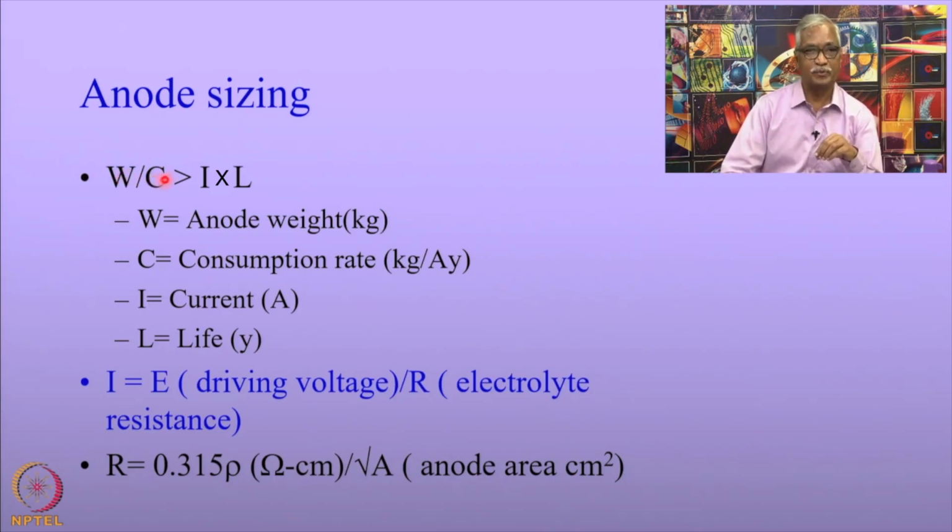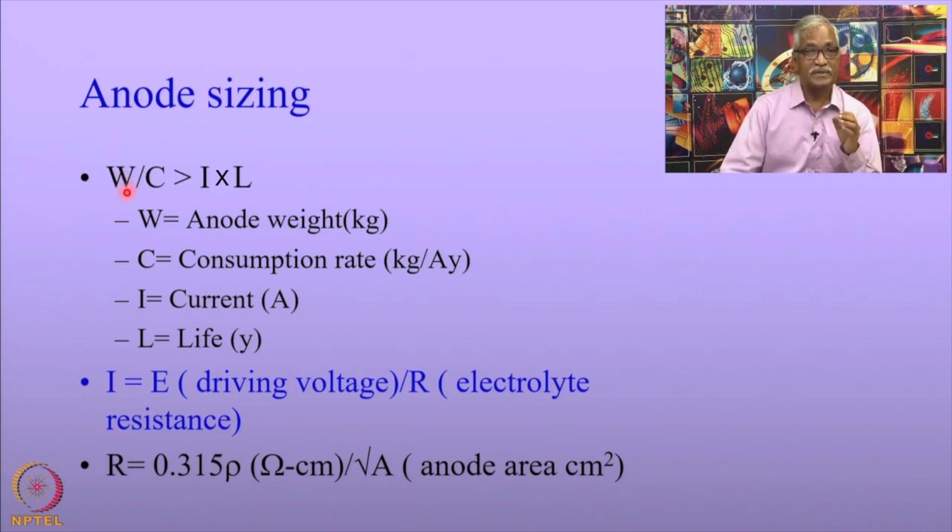W upon C should be greater than I by L, where W means the anode weight, C the current consumption rate for given structures in terms of kg per ampere year, okay, I the current required to protect the structures, and L the life of these structures. That decides what should be the anode size in terms of the weight.